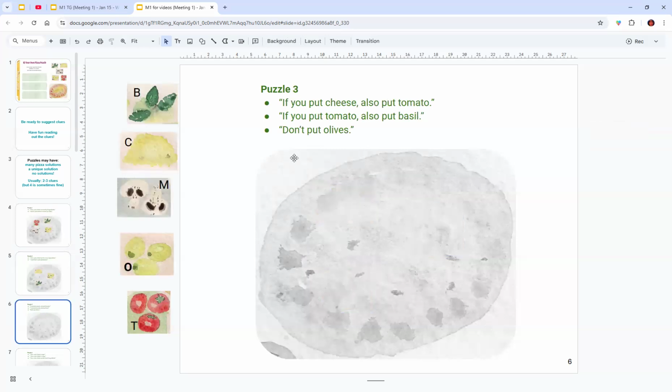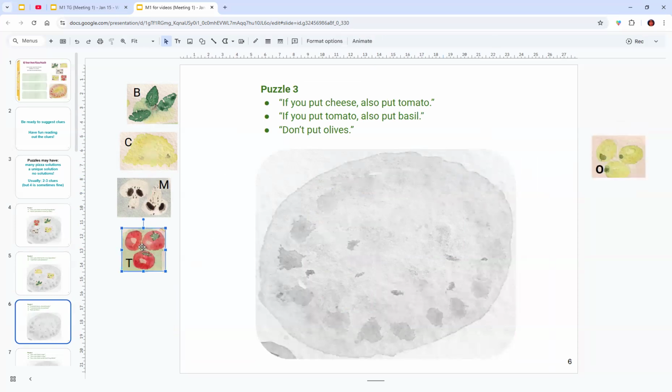Okay, this looks a little more complicated because it has conditionals. Okay, don't put olives. We can start with that and just forget about the olives. And then if you put cheese, also put tomato. If you put tomato, also put basil. So we have kind of a chain.